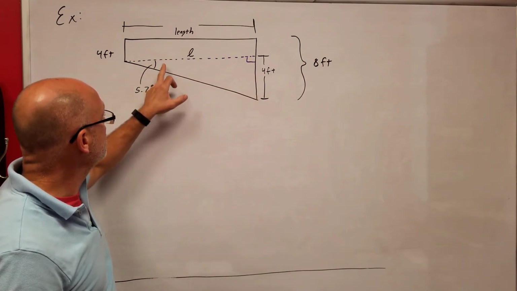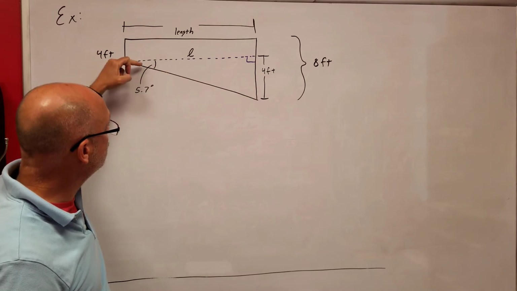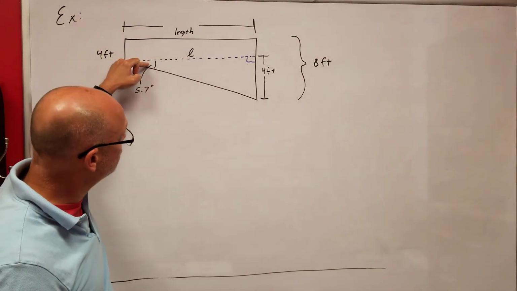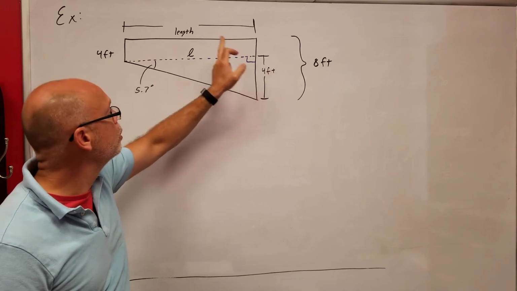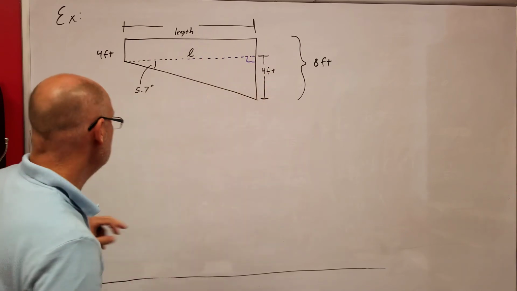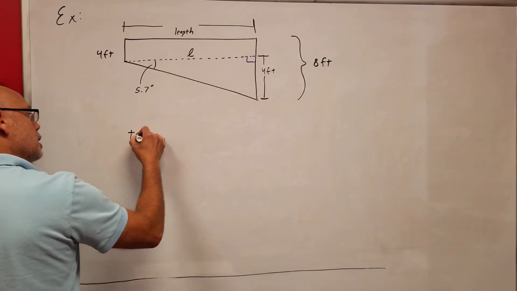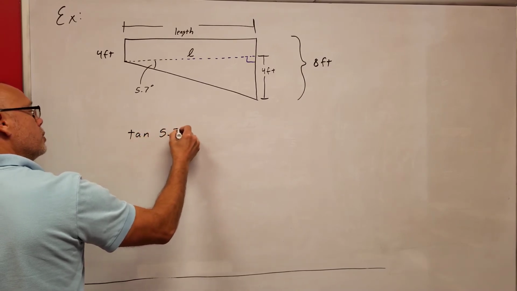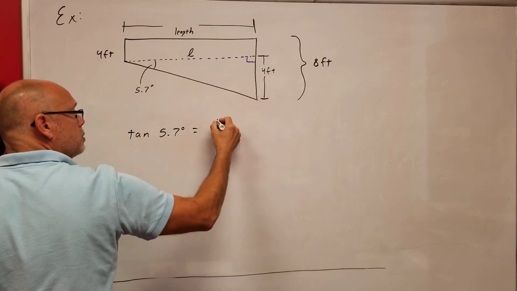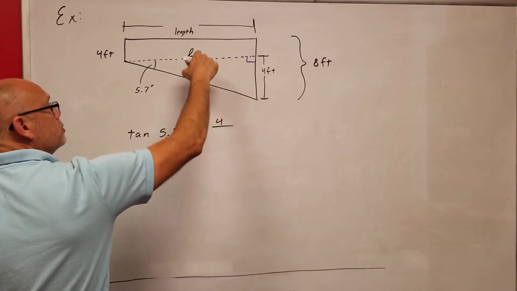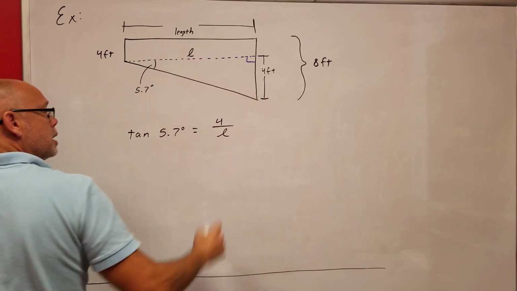Well, could I say that the tangent of 5.7 degrees is opposite over adjacent? Yeah. So I'm going to say the tangent of 5.7 degrees is equal to opposite, which is 4, over adjacent, which is L in this case.